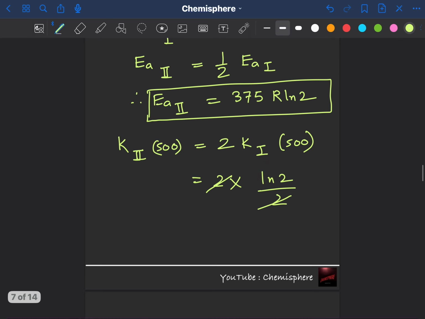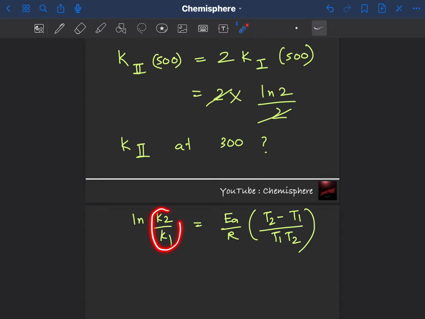So I will use this equation: ln K2 by K1 is equal to EA by R times T2 minus T1 divided by T1 T2. We need to remember that K2 and K1 are the rate constants of the same reaction at different temperatures. They are not the rate constants of different reactions. Okay, cool.